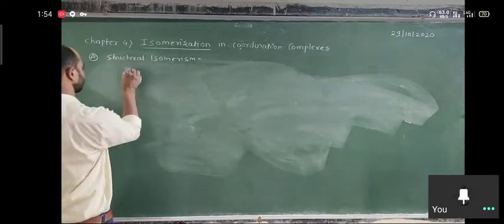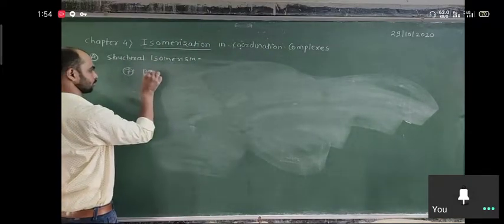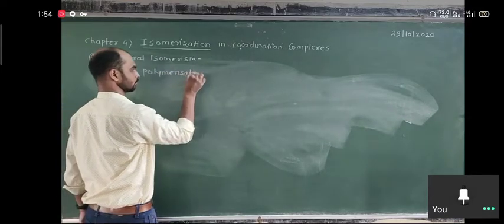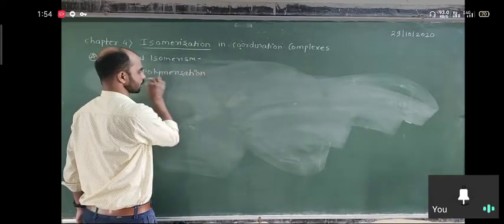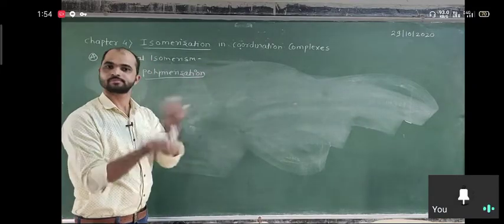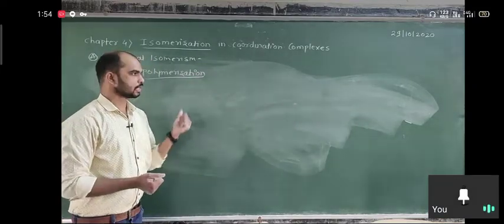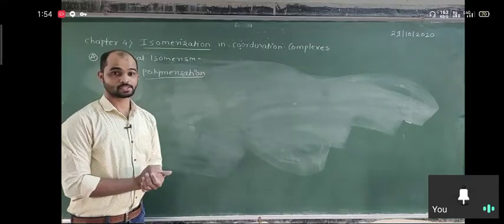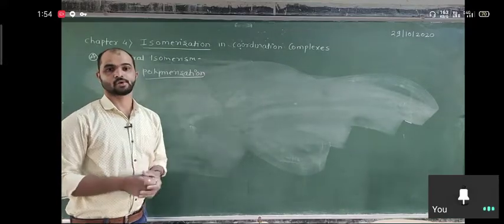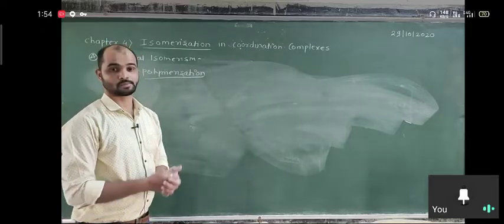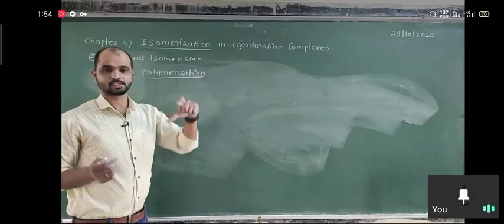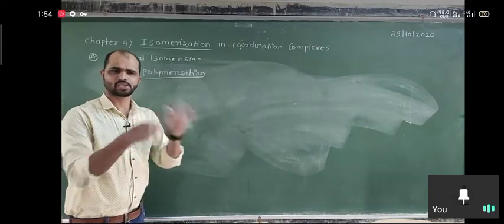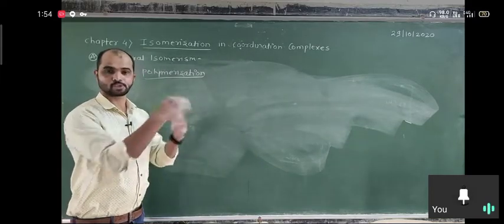And the last one is polymerization. What is polymerization? A monomer converts into a polymer, meaning it is the repetition of the empirical formula. For example, polythene, polyester: polyethylene means ethylene is the monomer, with formula CH2=CH2, which is repeated and converted into a polymer.